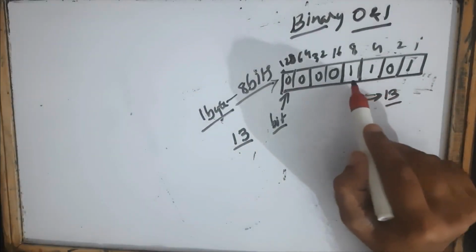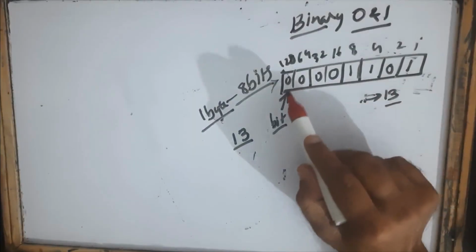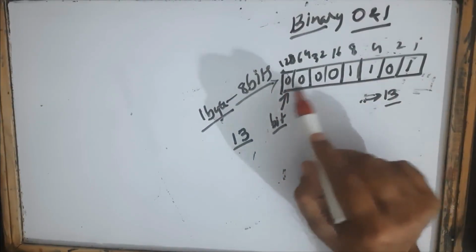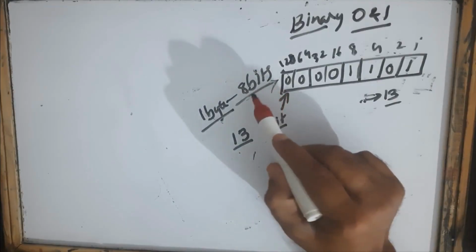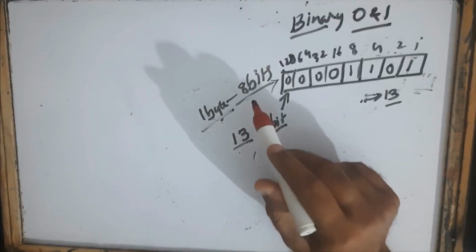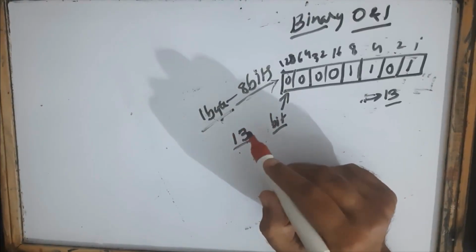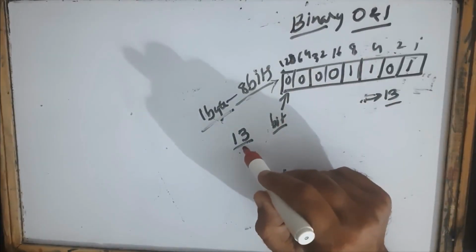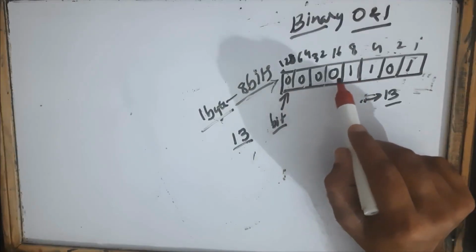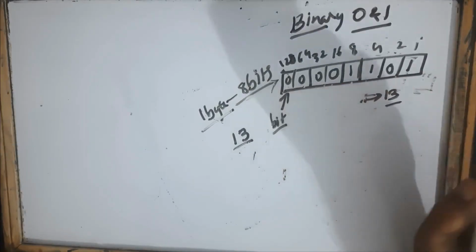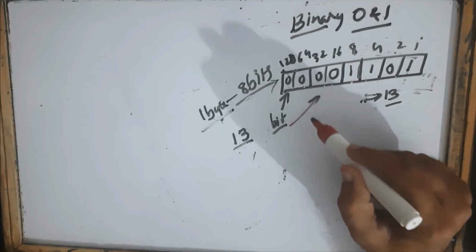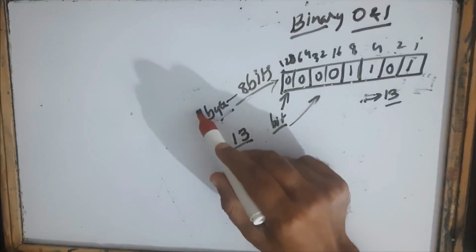So 1101 is 13. The remaining 4 bits we need to fill with 0 because we need 8 bits to make 1 byte. So 00001101 is the binary number for the 13 expressed in 1 byte.